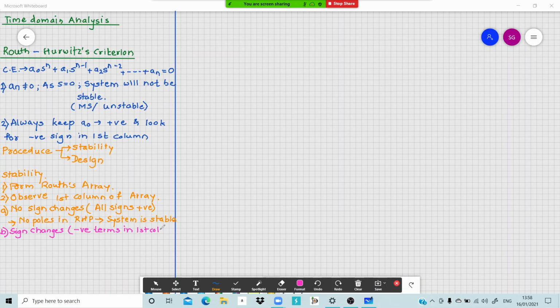As soon as you find that a negative element is there in the first column, the number of sign changes is equal to the number of poles in RHP. Okay, and therefore you can say yes, the system is unstable.